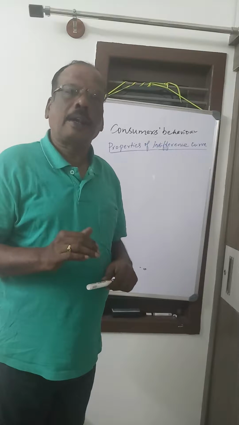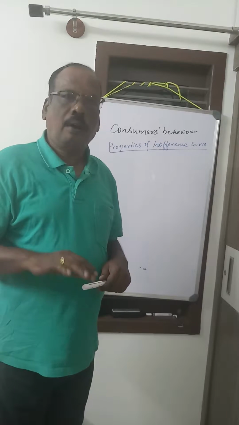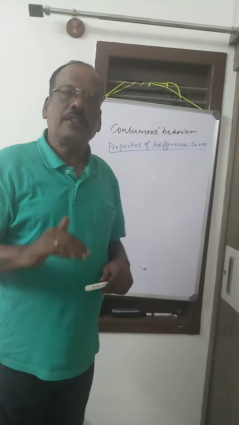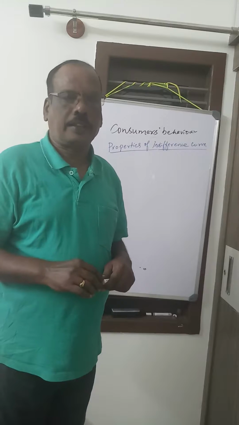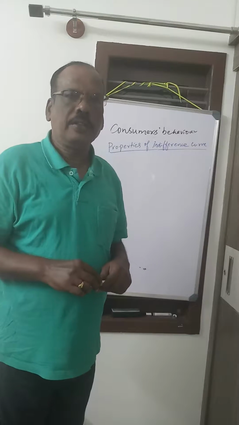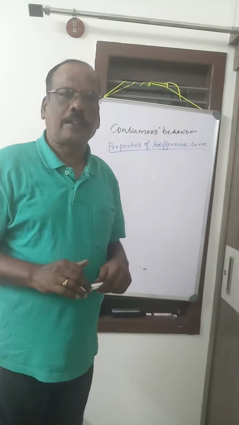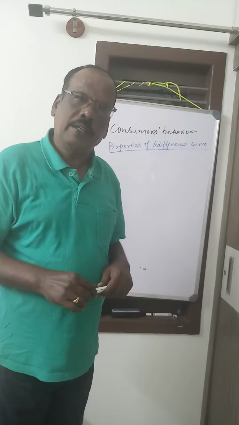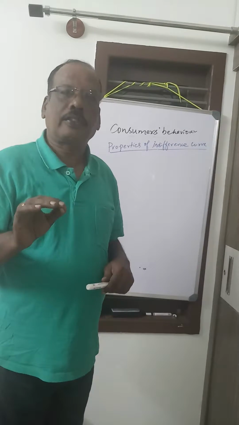Indifference curve is a graphical representation of different combinations of two goods which yield the same level of satisfaction. Since all these combinations yield the same level of satisfaction, the consumer is indifferent. That is why this curve is called indifference curve.